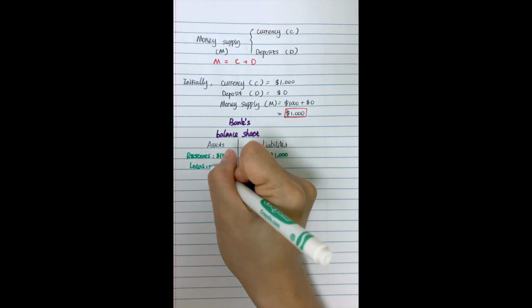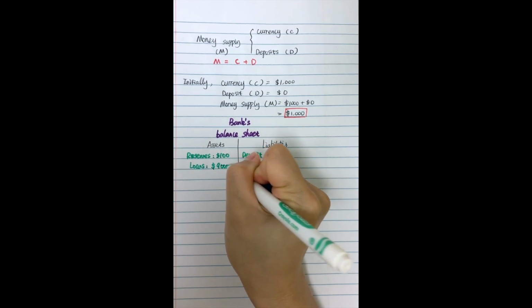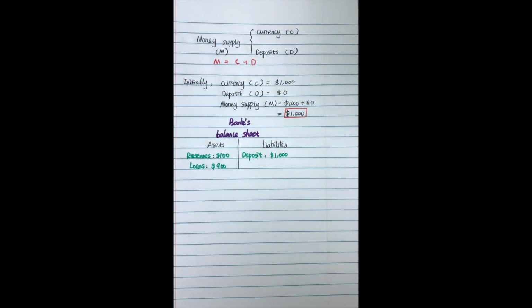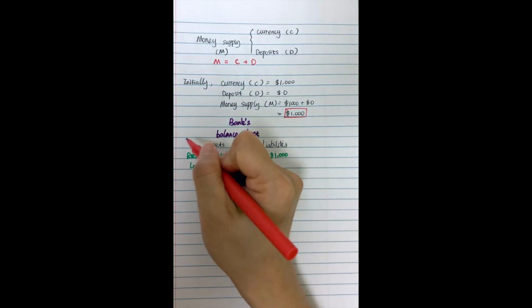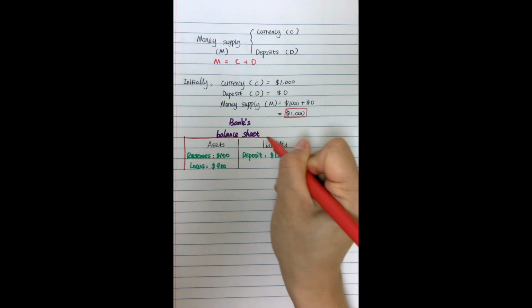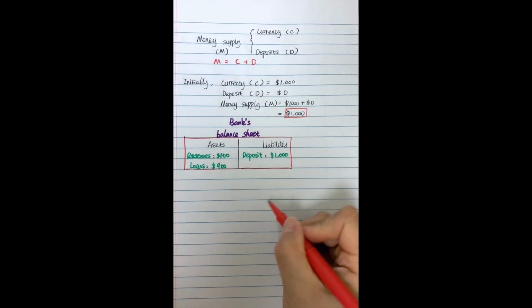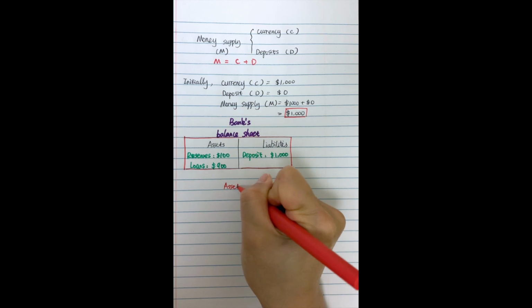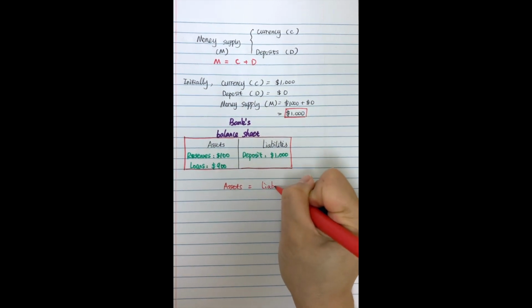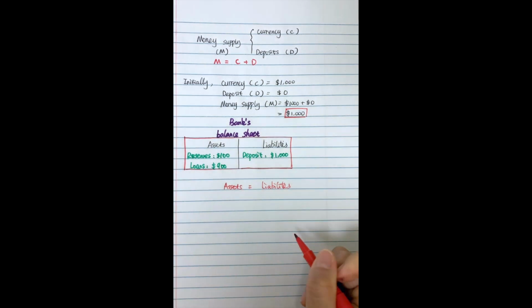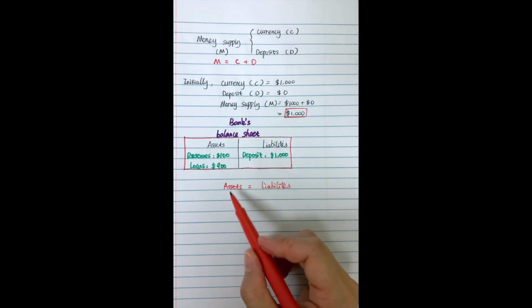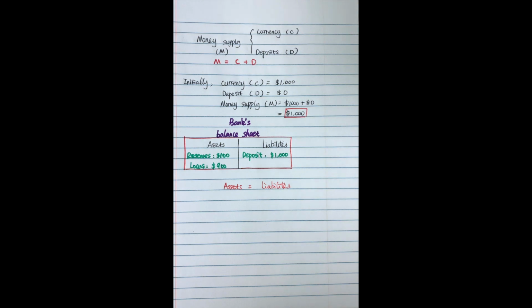So the loans will equal $900. And based on this bank balance sheet, you can notice this important thing I need to emphasize. From this balance sheet, we have assets always equal to liabilities. Okay? And this balance sheet also tells us the reserve ratio required by our Federal Reserve.